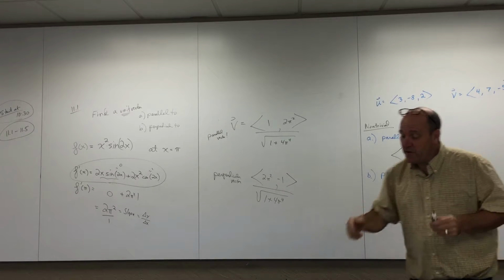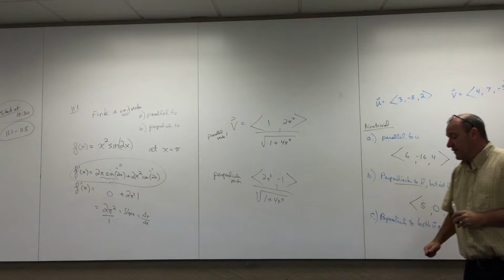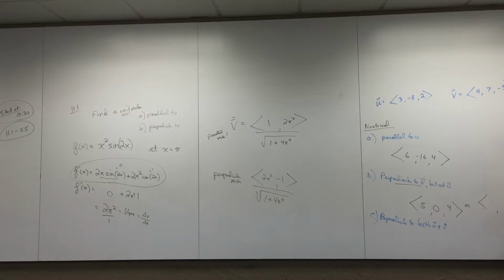I probably never said this real clearly, but you could stumble into it if you do some homework sometimes. If you ever do try to cross product 2 parallel vectors, you can do it, but when they're parallel, you can watch how it happens. You get 0, 0, 0. You get the 0 vector when you cross product 2 parallel vectors.